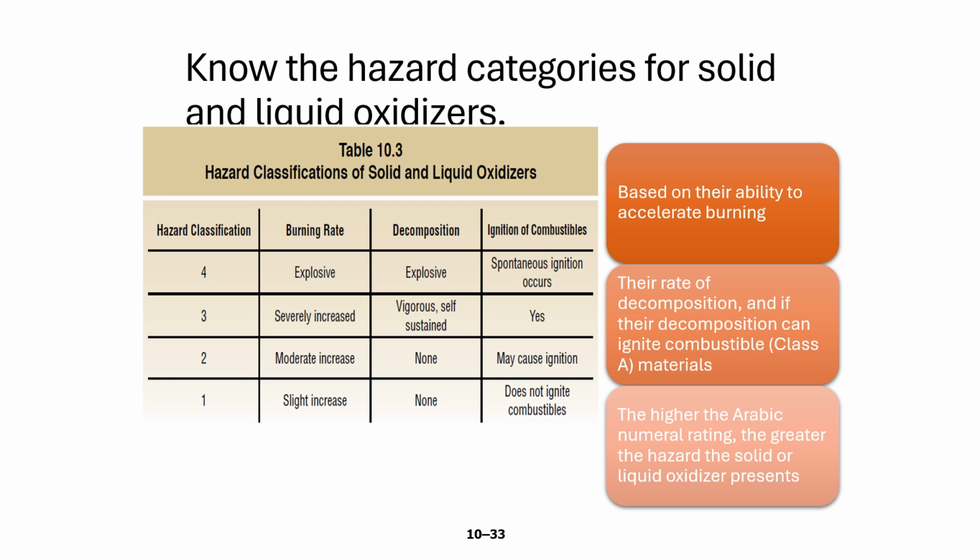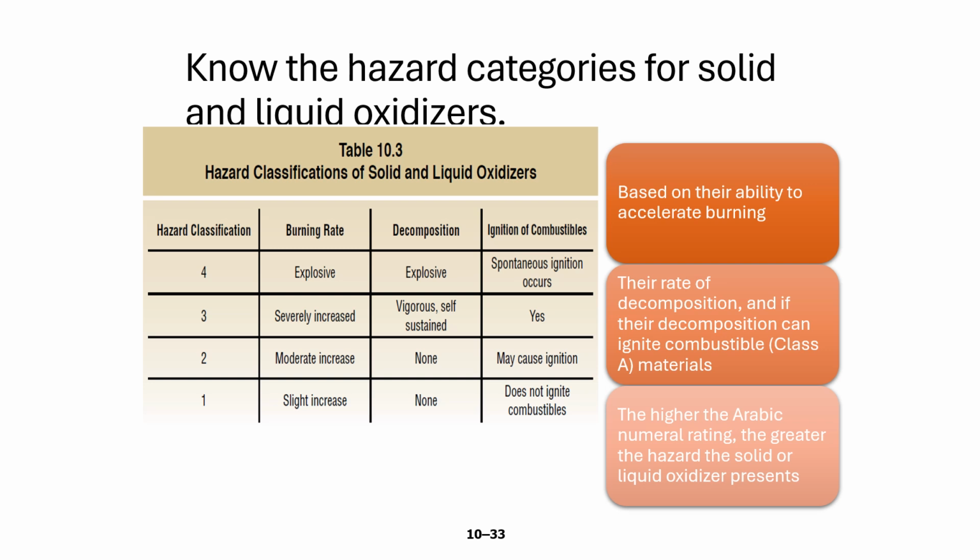Solid and liquid oxidizers are divided into four hazard categories based on their ability to accelerate burning, their rate of decomposition, and if their decomposition can ignite combustibles, which is Class A materials.